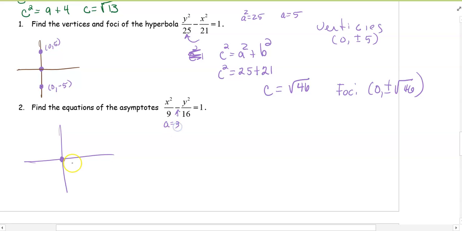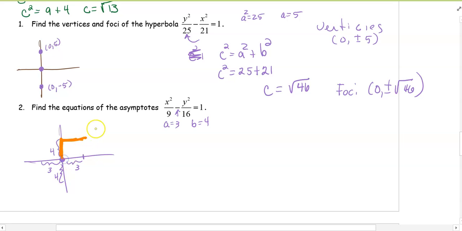A equals 3. So I go out 3 units this direction and 3 units this direction. B is 4. 4 units up, 4 units down. I have my slope. Up 4 over 3.